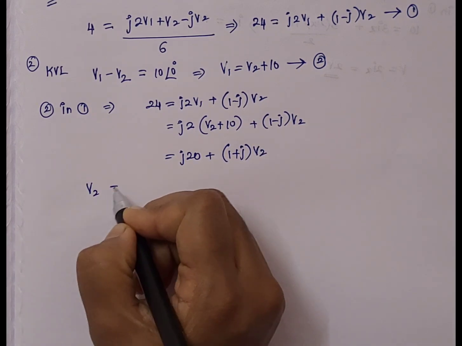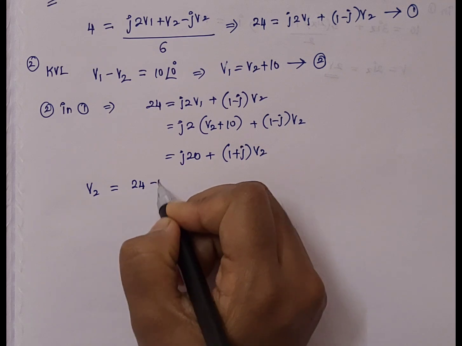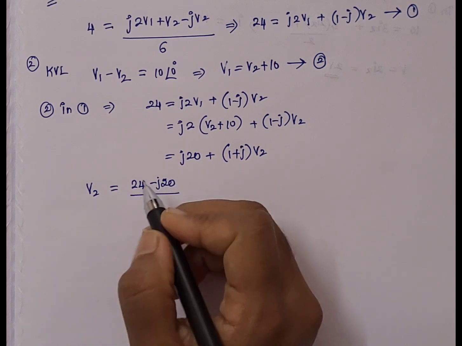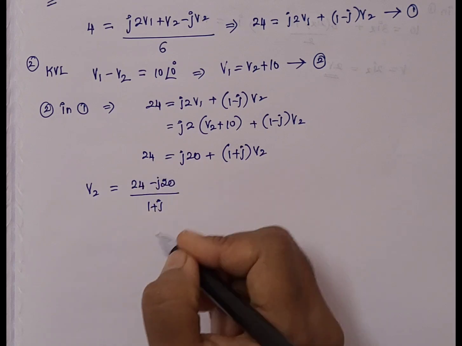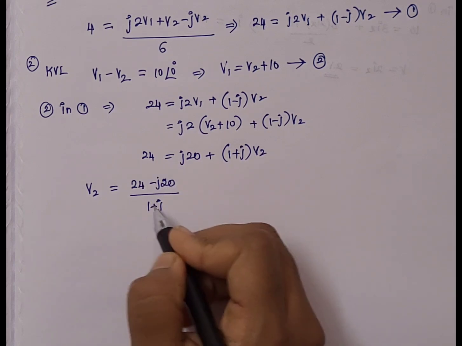Now V2 is equal to (24 minus j20) divided by (1 plus j). Now we have written the equation for V2.